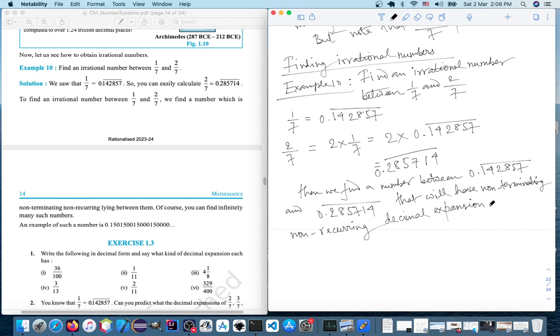Obviously we can have many such numbers, arbitrarily choosing digits with no repetition, that lie between these two numbers.